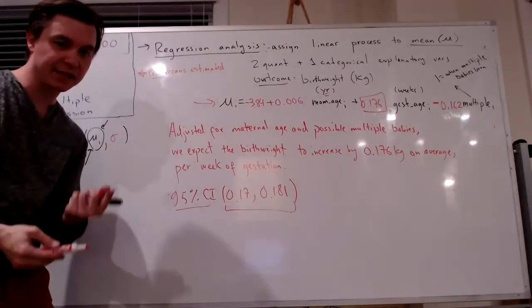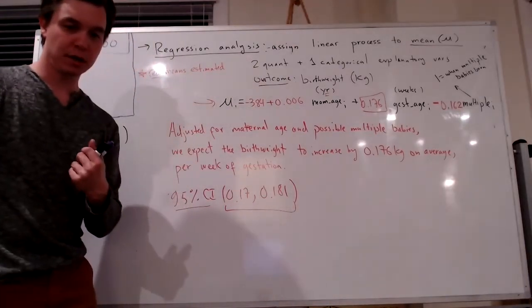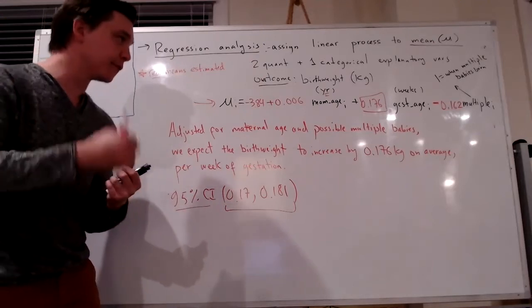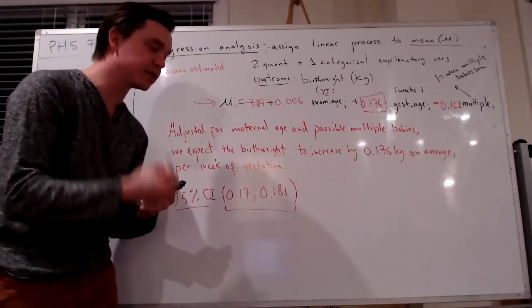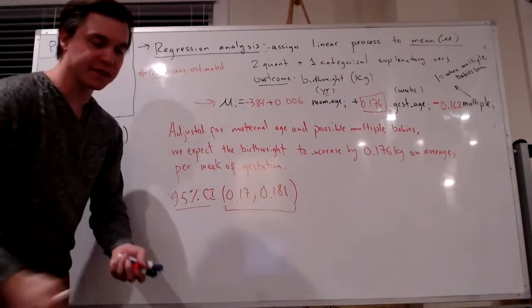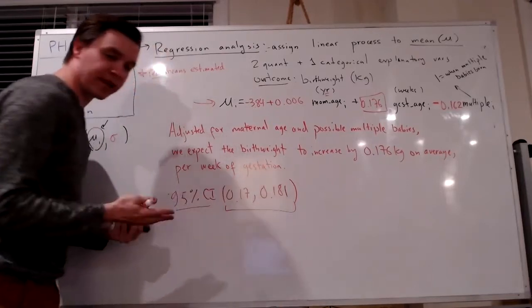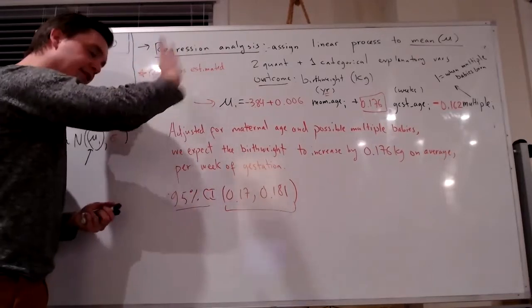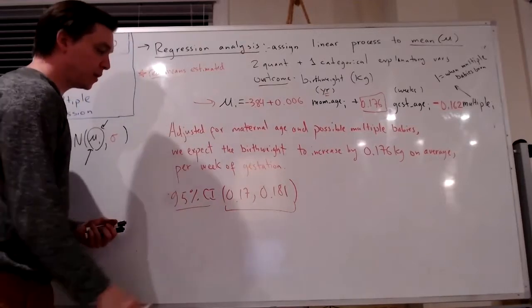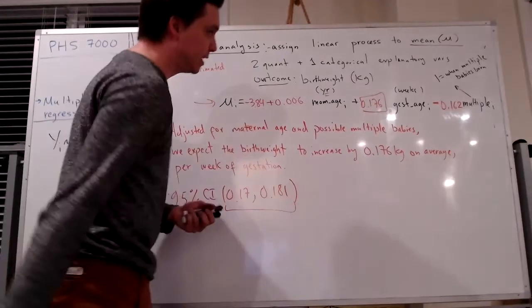Look at how precisely we're estimating that slope, that growth. So, the degree of growth per additional week of gestational age. It's between 0.17 and 0.18 kilograms, right? That's our plausible range of values. 0 is well outside the range, but it's also such a precisely estimated parameter. It's a thing of beauty.